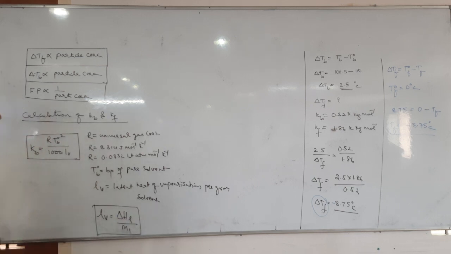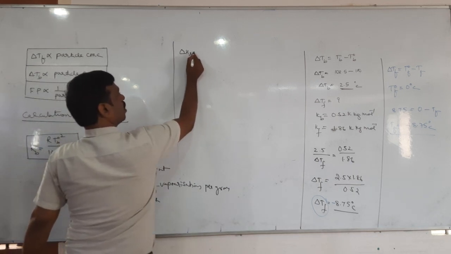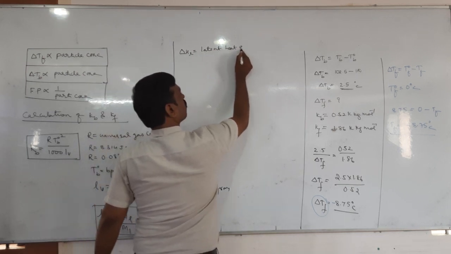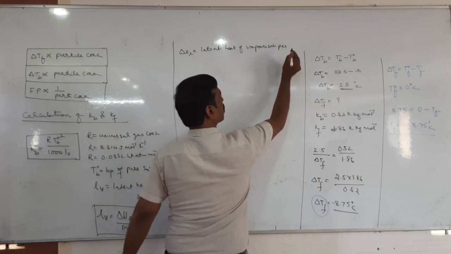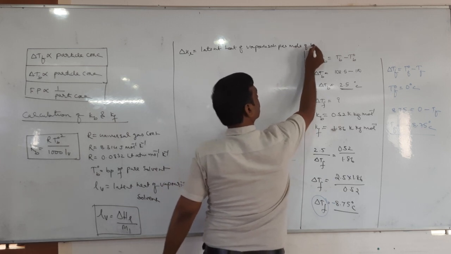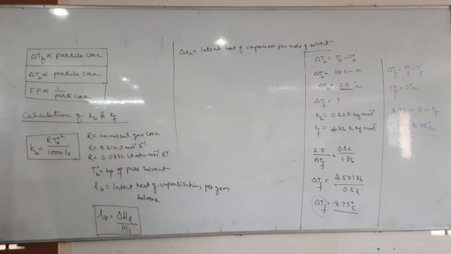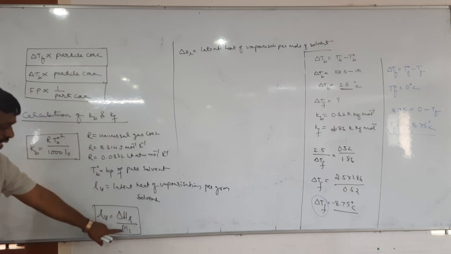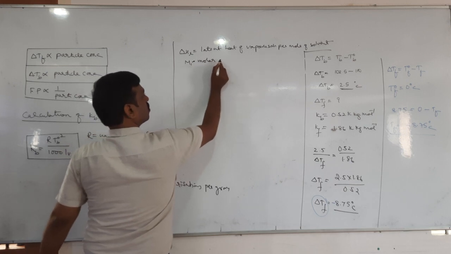So therefore here delta HL is also latent heat of vaporization per mole of solvent. Per mole, because wherever delta H comes, enthalpy per mole, it is per mole. Therefore, LV equals delta HL by M1, where M1 is equal to the molar mass of solvent.